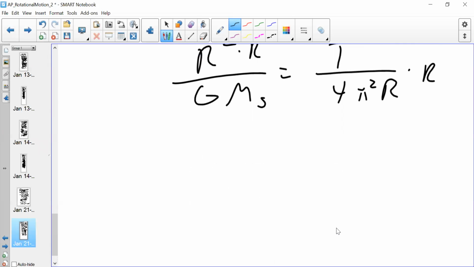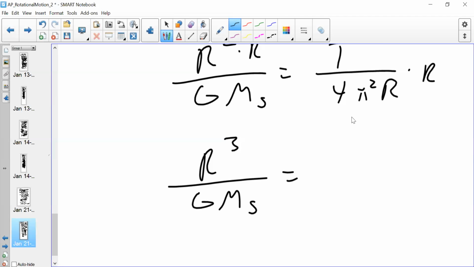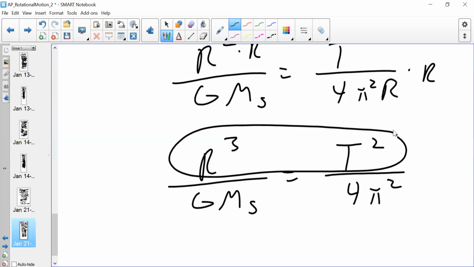That the square of the orbital period is proportional to the radius vector cubed. Okay, so there we go. Third law. So we can use that in certain problems.